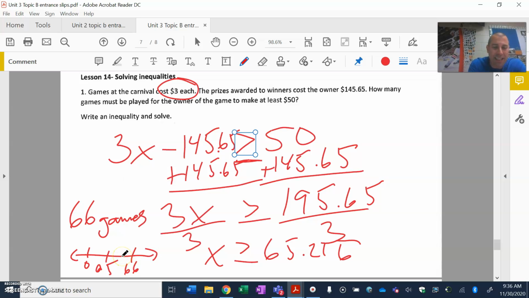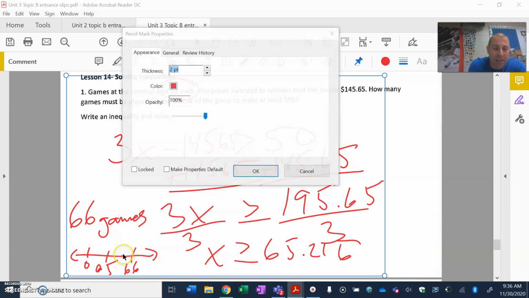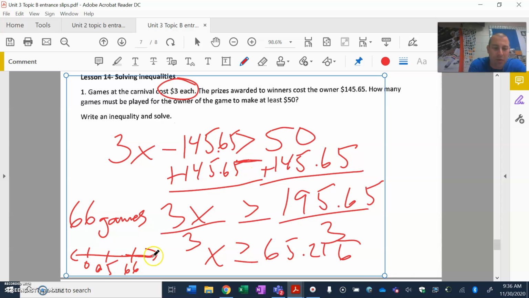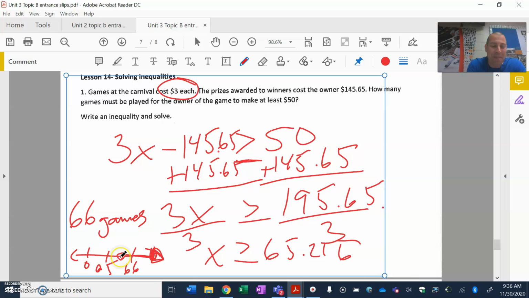So what we're seeing is, it's there, shade in that circle, and then shade to the right. So you can see game-wise, it does not fit in. Sorry, I'm trying to shade in my circle there. There we go. It doesn't land on the 65. It's not enough. So visually, you can see now that 66 is the answer.